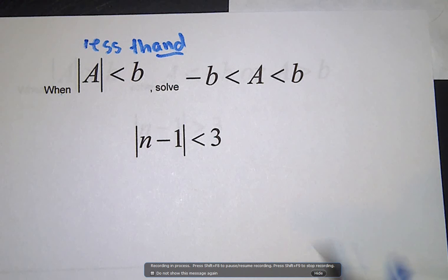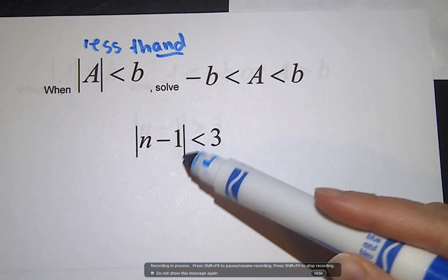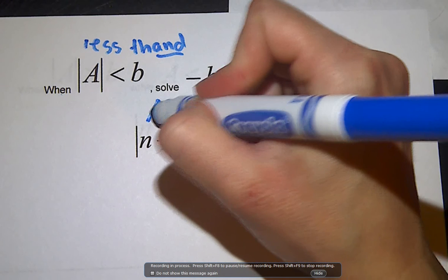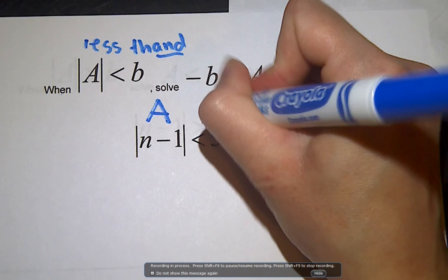So in this example, the n minus 1 is my A. And the 3 is my B.